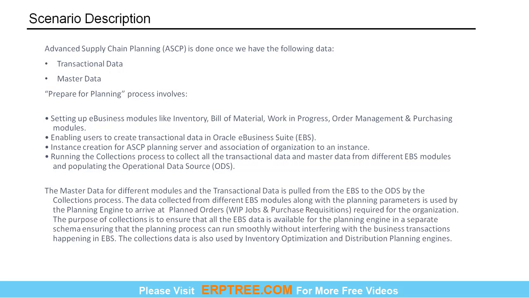Are there any capacity constraints, or is the supplier delaying the material, due to which the customer orders might be delayed? All these suggestions and exceptions are given by ASCP to the planner, which helps the planner make the right decision. Any questions on this before I move to the next slide? No.